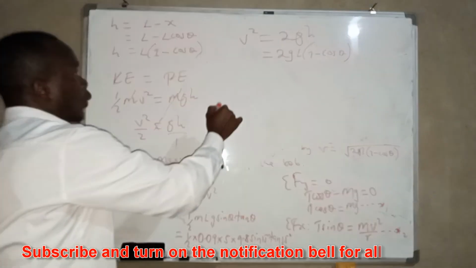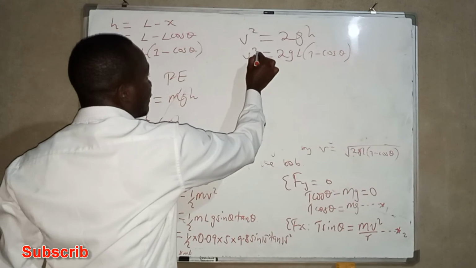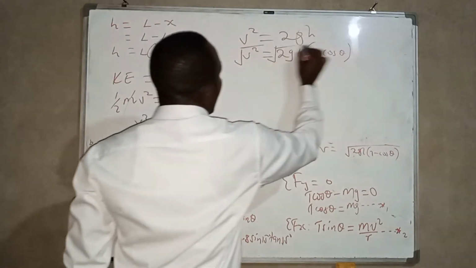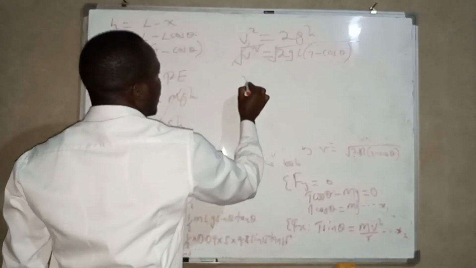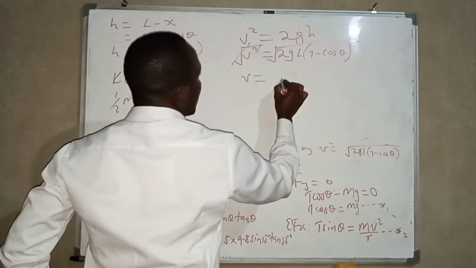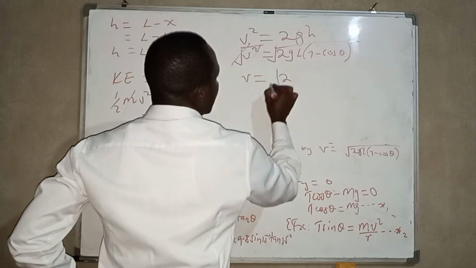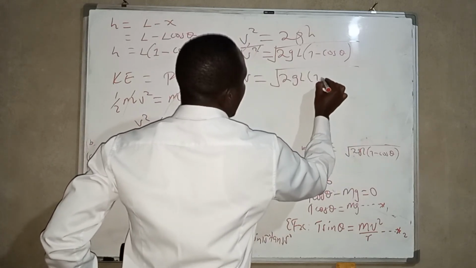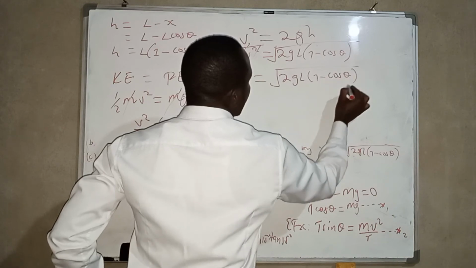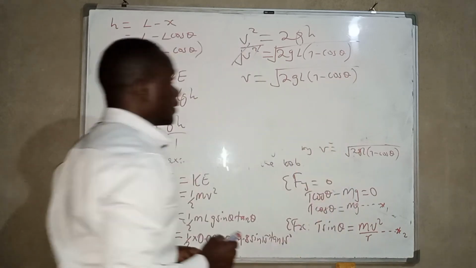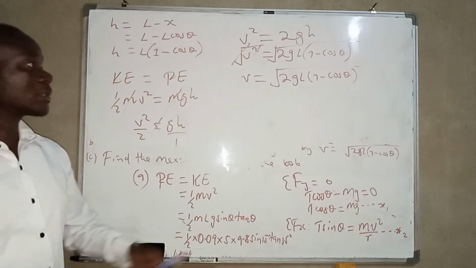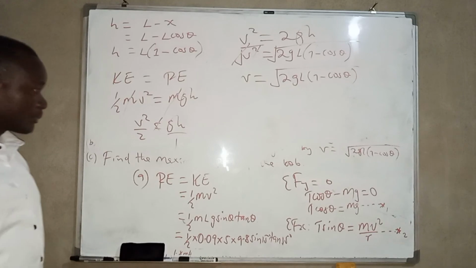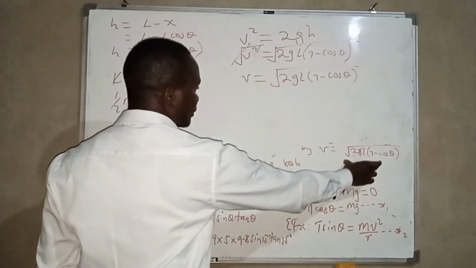And if we introduce the square root to both sides, this will go, and what we're going to have is v is equal to the square root of 2 g L times 1 minus cos theta. So this is the value of the maximum speed of the bob as required here.